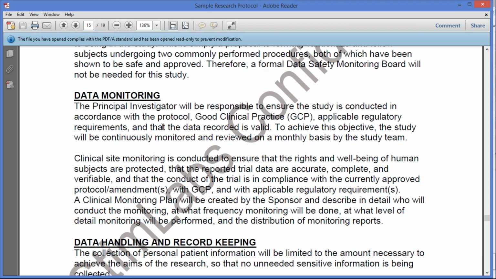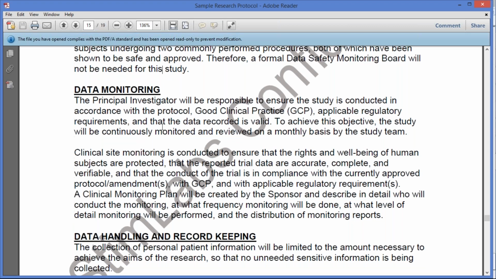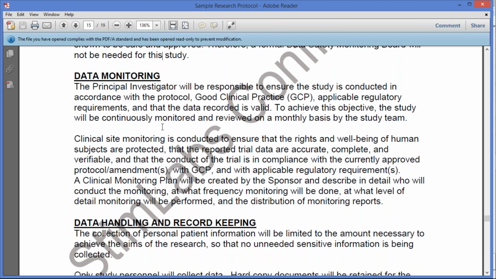Okay, but sponsor will decide who will perform this monitoring, at what frequency, at what interval, at what level of detailed monitoring should be done, how to monitor, how to distribute the monitoring reports, how to exchange the monitoring reports. So mainly we should know the clinical trial data is valid.